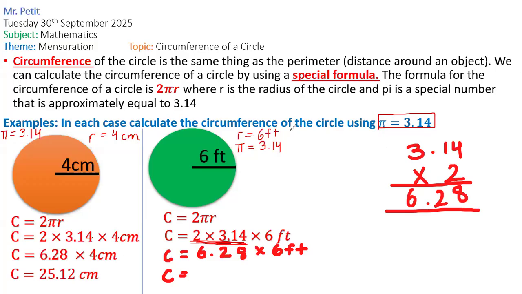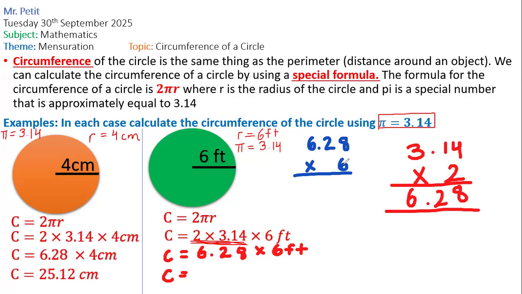Did anyone multiply them as yet? And you got an answer? 37.68 feet. 37 point what? 37.68. Anyone else got that answer? Yes, sir.